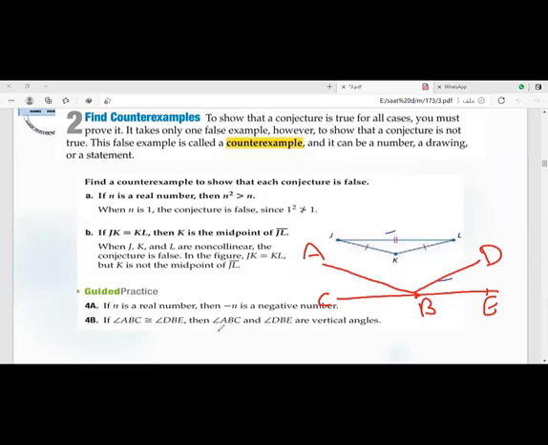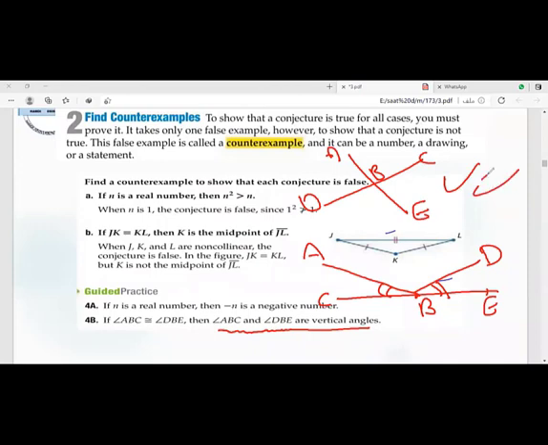Here it says that angles ABC and DBE are vertical. Vertical or not vertical? Not vertical. Vertical means like this: A, B, C, D, B, E. Here, it's an example. It's congruent, but here not vertical. So it's a counterexample.